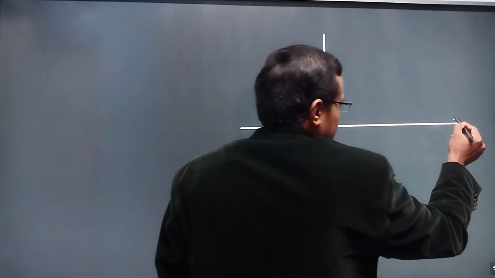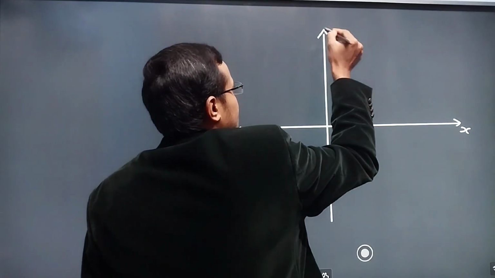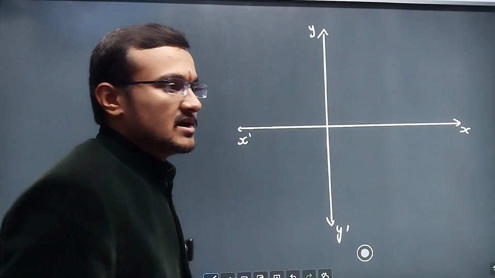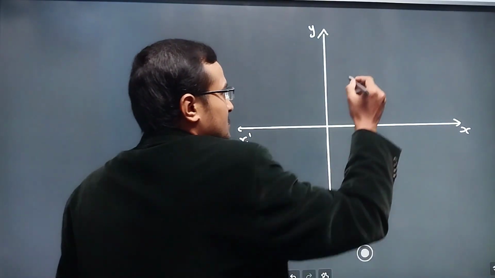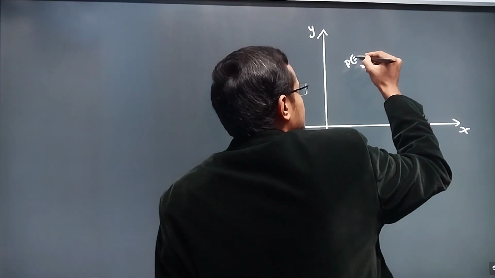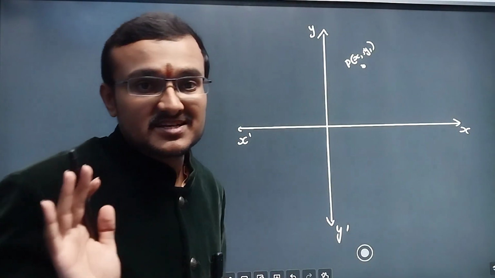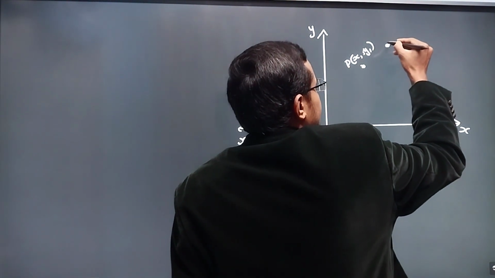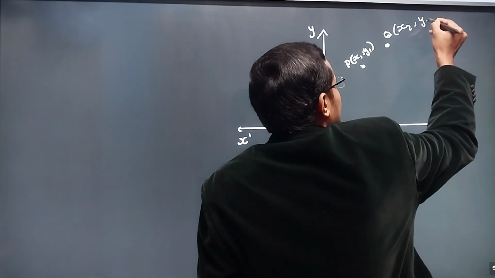This is x and this is x dash. This is y and this is y dash. Here I'll take 2 points, P and Q. P is x1, y1. I don't know the value of x and y, so I am taking x1 and y1. Here I will take one more point Q, which is x2, y2.